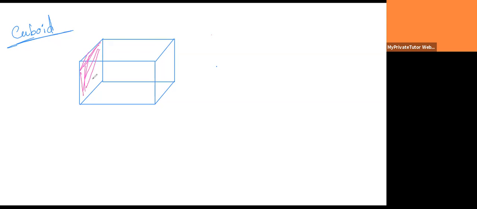So this is the left one, and this is the right one, guys. These two are the same rectangle size. The top one, the top rectangle, you can see that visually. Just take a dice or something rectangular, you can see 6 rectangles in it.